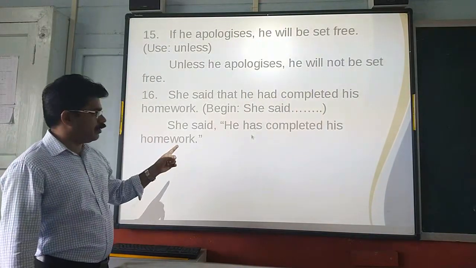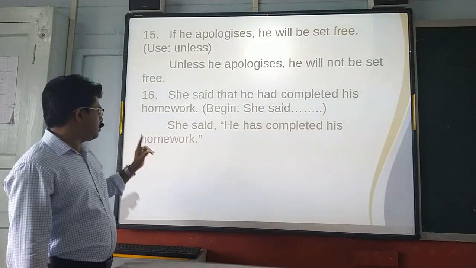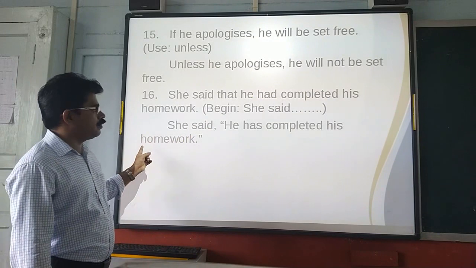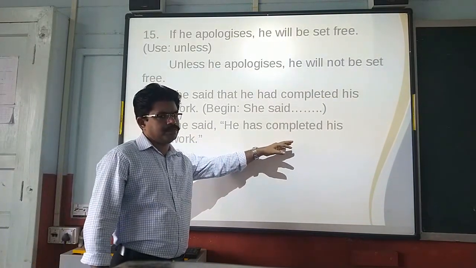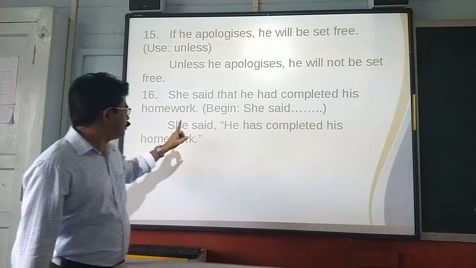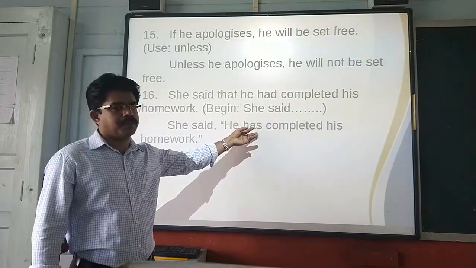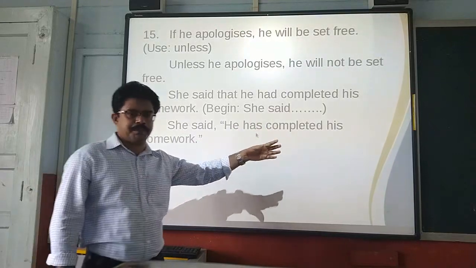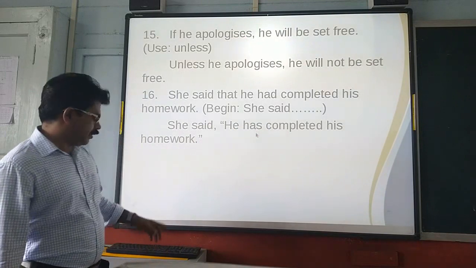She said he has completed his homework. Okay, he has completed, so it is present perfect. Present perfect can become past perfect, and past perfect also can remain the same. Alright.